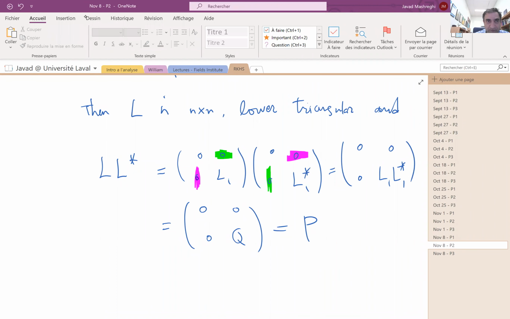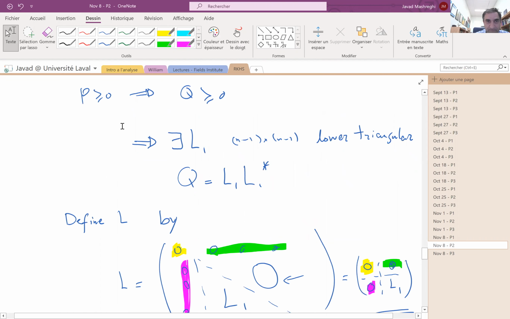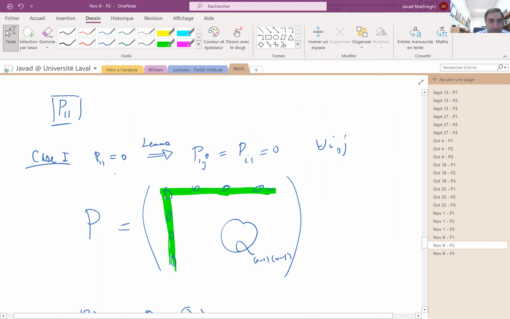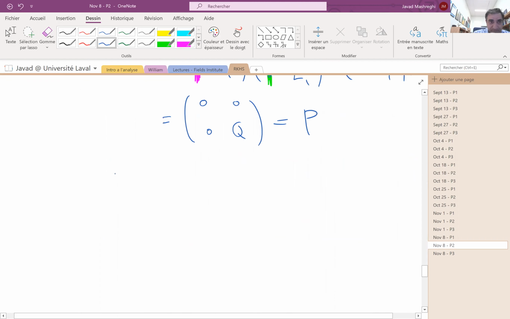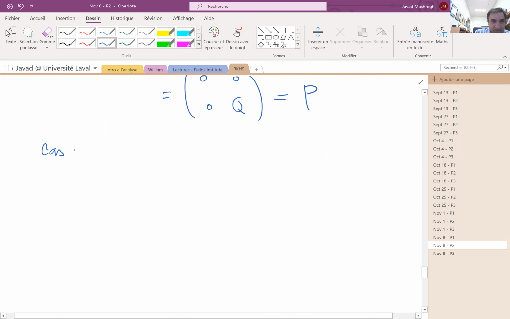If the first element is equal to 0. If not, case 2: if P11 is bigger than 0, then we use the previous theorem, the main observation.